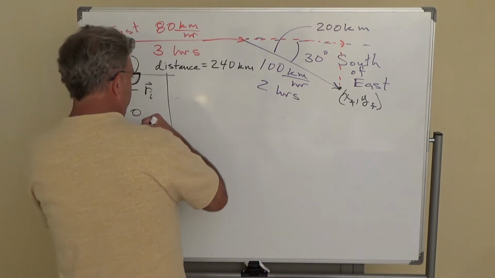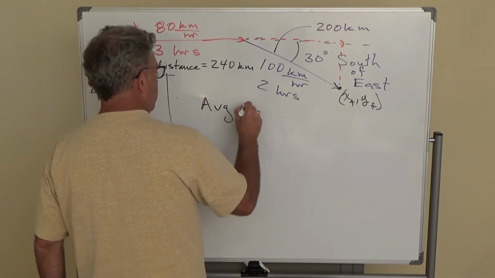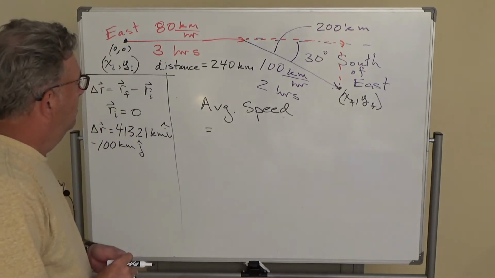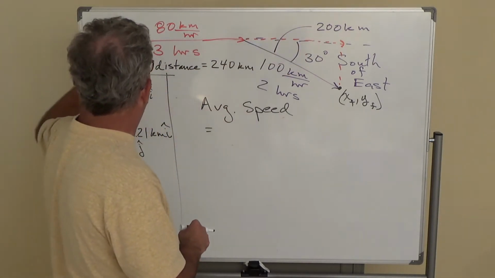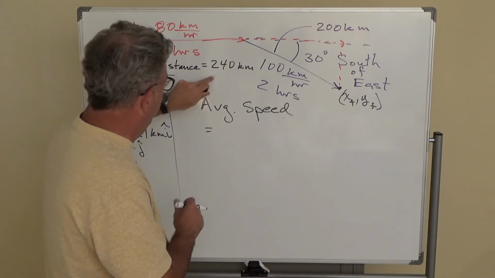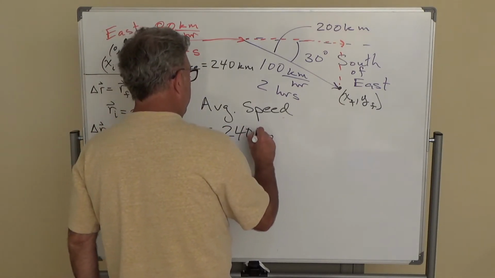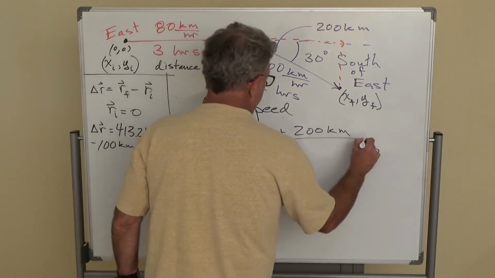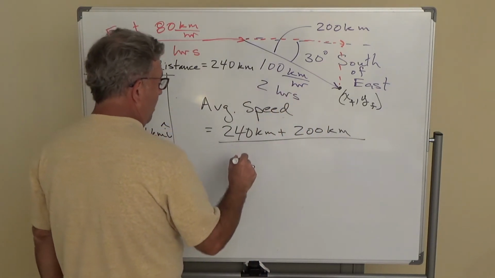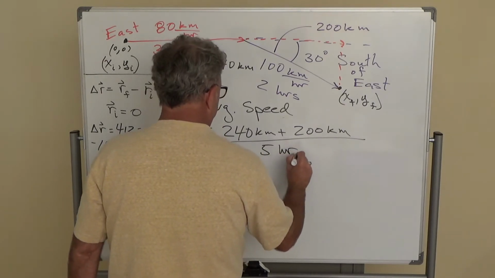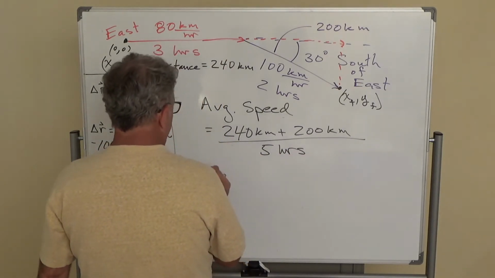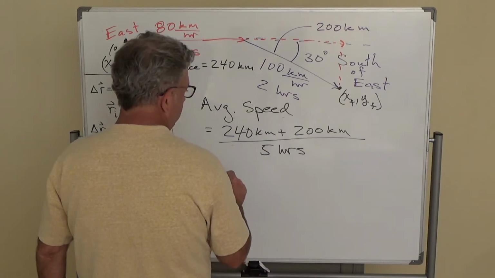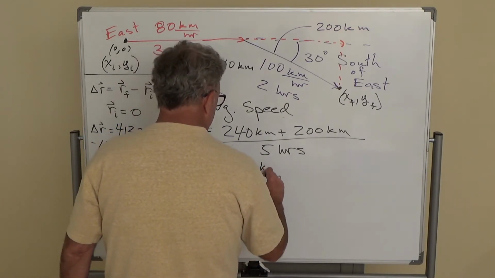Oh, before we do that, what's the average speed? Well, you went 200 kilometers and 240 kilometers, so you have 240 kilometers plus 200 kilometers, and it took 5 hours, so that's equal to 440 over 5. 220 kilometers per hour.